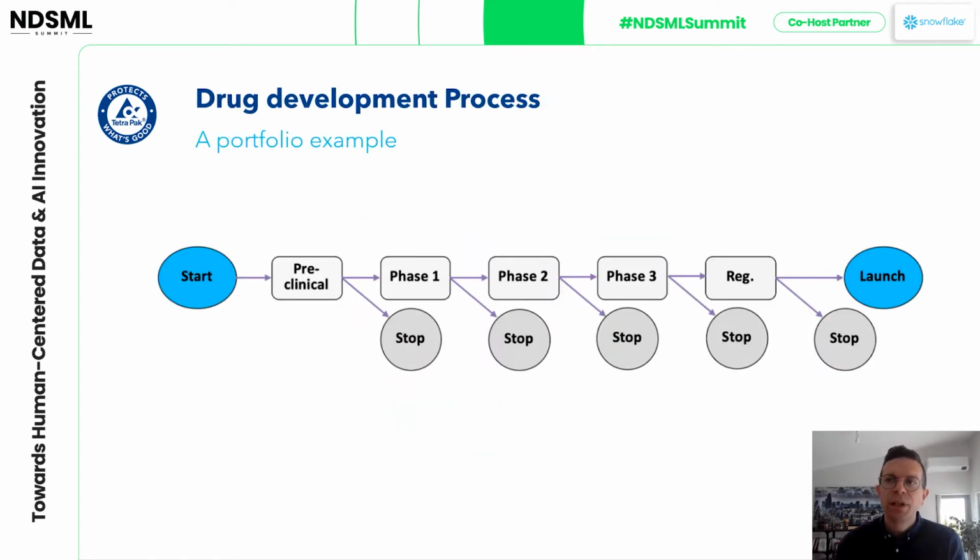So let's use the analogy of the drug development process. Drug development typically takes on average around $2.5 billion per drug, and on average 5 to 10% of potential drugs will successfully pass all phases of drug development, all these 5 toll gates, which are very structured and very well known.